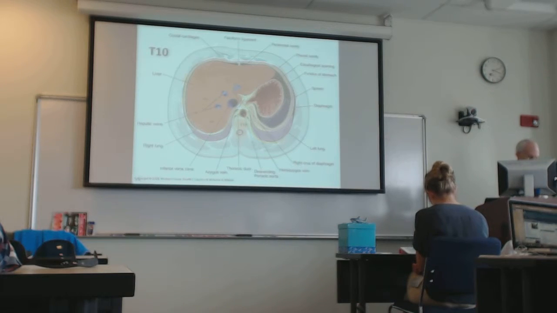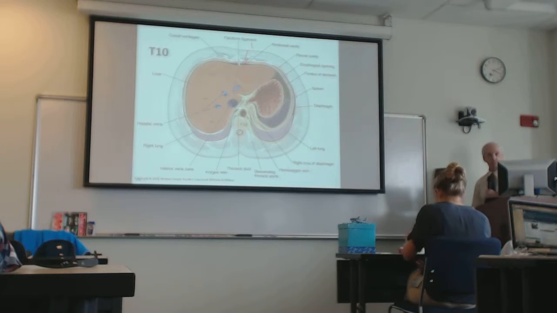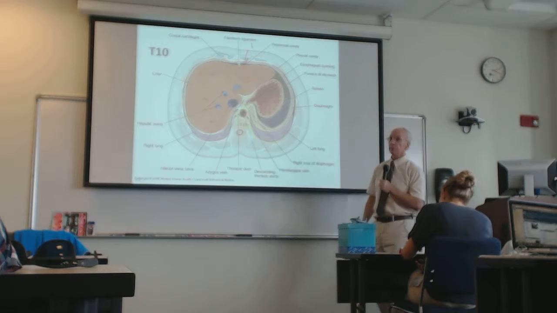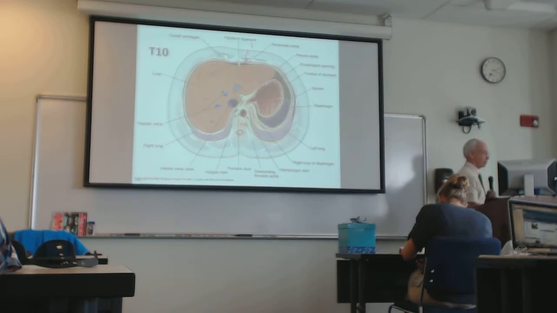For example, whoops, got a little carried away there with my line. I get so excited drawing lines that sometimes it's hard to stop. So, for example, what's 1 and what's 2 there? All right, 1 would be the parietal peritoneum, and 2 would be the visceral.